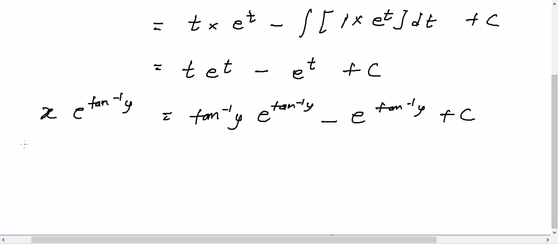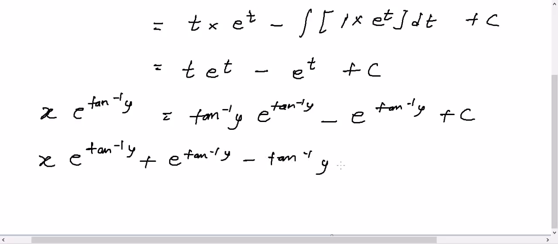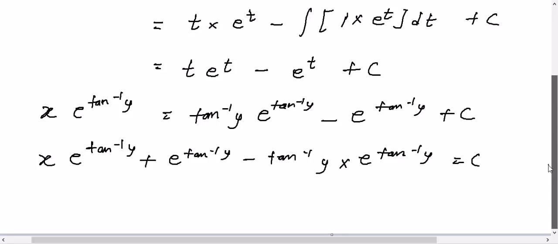We can rewrite this by shifting all the terms to one side, so it will be x e to the tan inverse y plus e to the tan inverse y minus tan inverse y into e to the power tan inverse y is equal to c, right, guys?